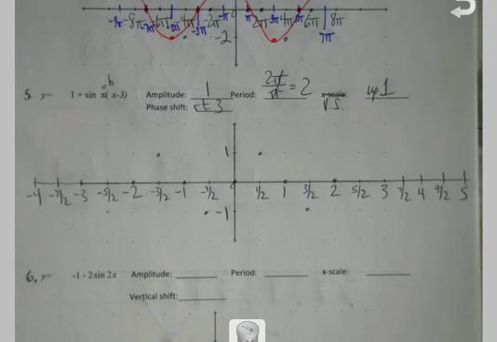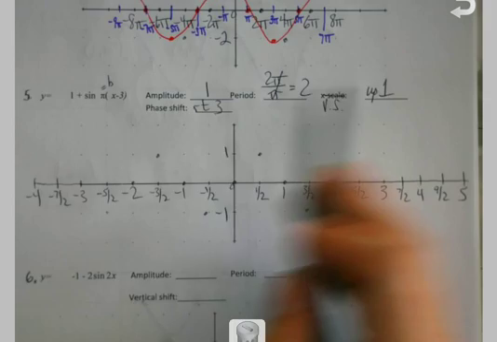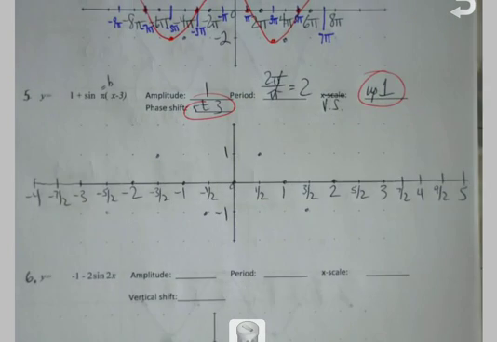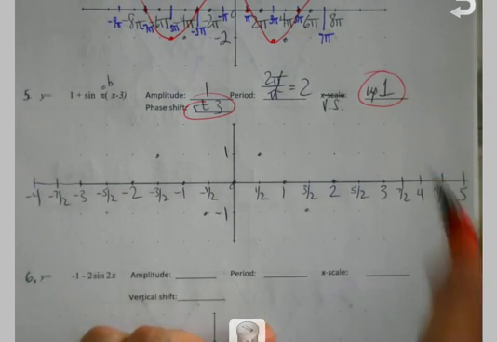But I look and I go, okay, so what have I got to deal with? Up 1 and right 3. I've got two different things that I'm dealing with. Okay, so up 1 and right 3.